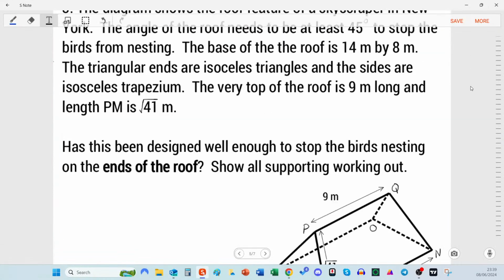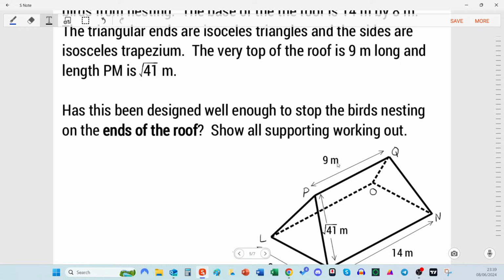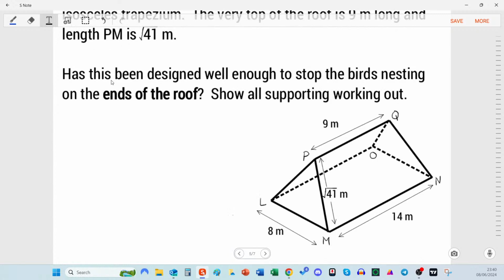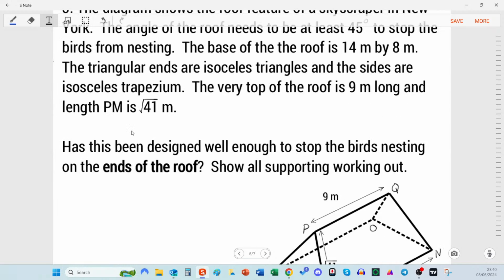Hey, the very top of the roof is 9. I'm assuming the diagram's correct anyway, rather than the numbers in the question. And the length of PM is four root 41. Okay, we gotcha.